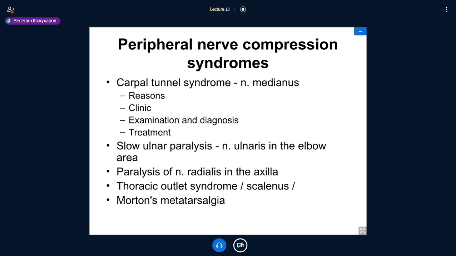The important examination which will confirm the compression of a certain peripheral nerve is EMG, electromyography, and this is the mandatory examination before starting any treatment of compressive syndrome. Actually, the treatment is decompression.